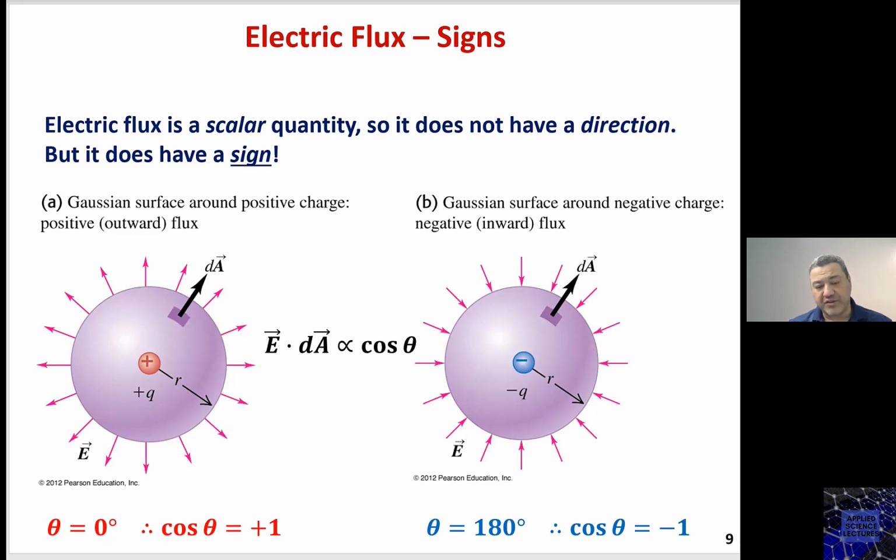However, if the charge is negative, then the electric field will have a minus r hat, and minus r hat dot r hat is going to give me a negative flux. So the flux also has a positive or negative sign based on the type of the charge that is enclosed within this closed surface.